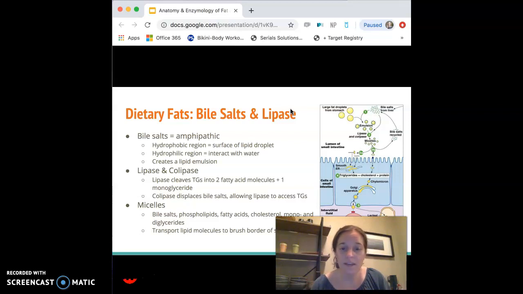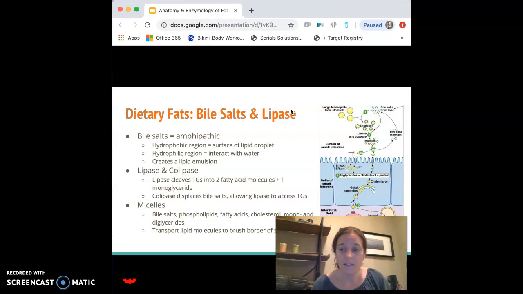And so the colipase has 2 different functions. One, it helps to displace some of the bile salts, which allows the lipase to access the triglycerides. And it also anchors lipase to the bile salts in order for it then to continue to work within this lipid droplet.